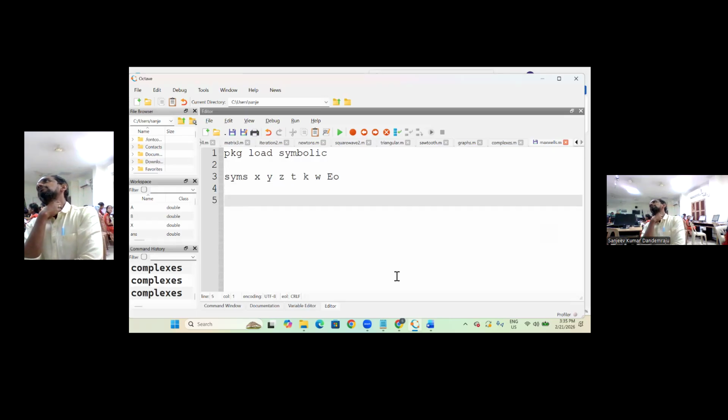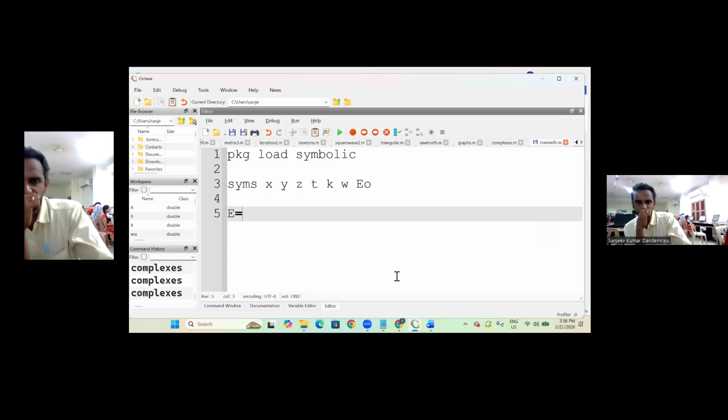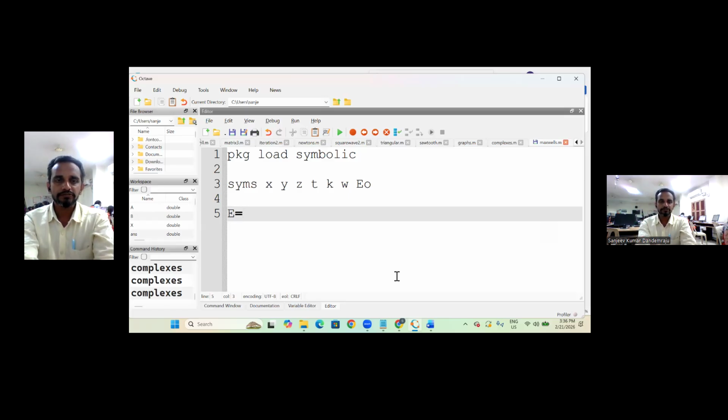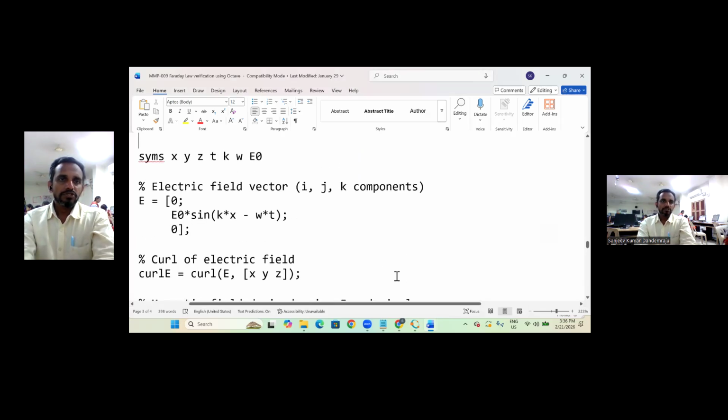These are my variables. And my electric field is a column vector, so either you have to give a new line or a semicolon to separate the elements: 0, E naught sin(kx minus omega t), 0.